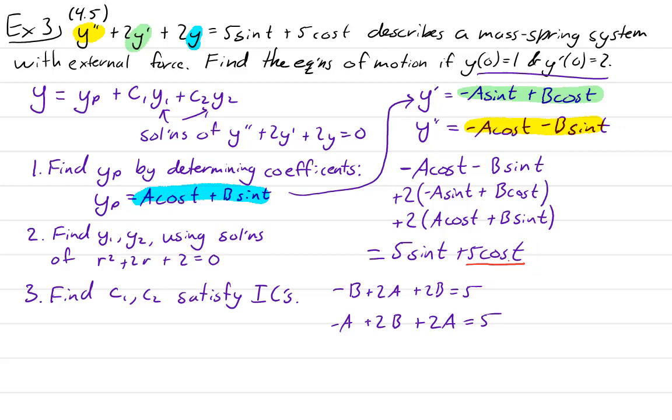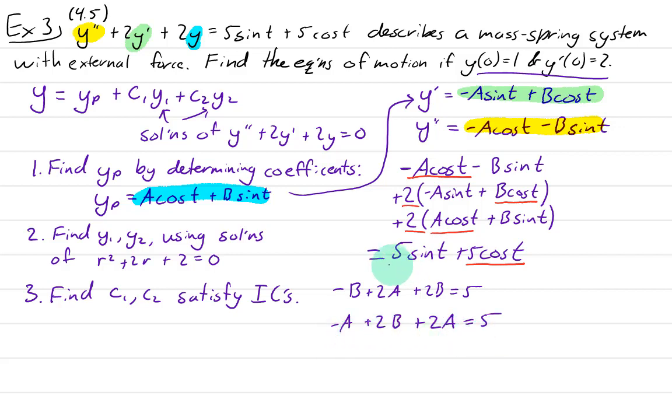Because we want to get the same function of t on the left and the right, we need the left side to also have a 5 cosine of t in it. So that means that negative a, plus 2 times b cosine of t, and 2 times a cosine of t should add up to 5. I wrote that here as this equation: negative a plus 2b plus 2a equals 5.